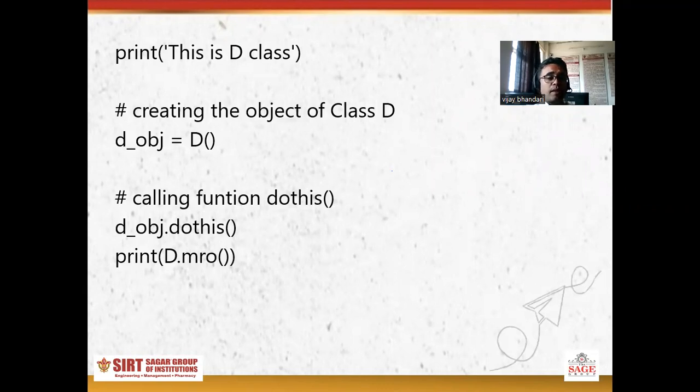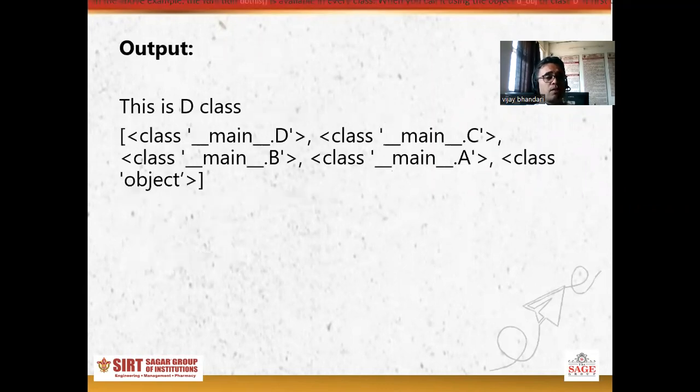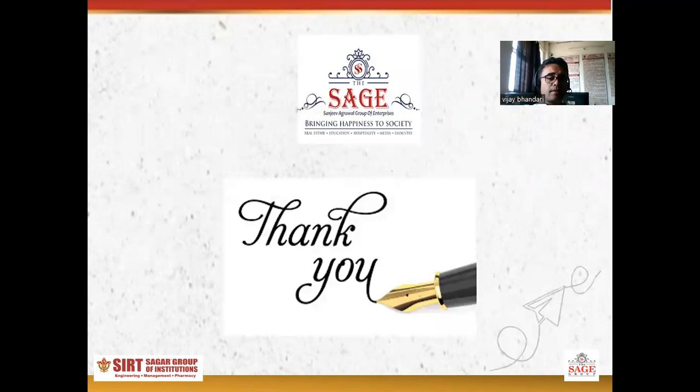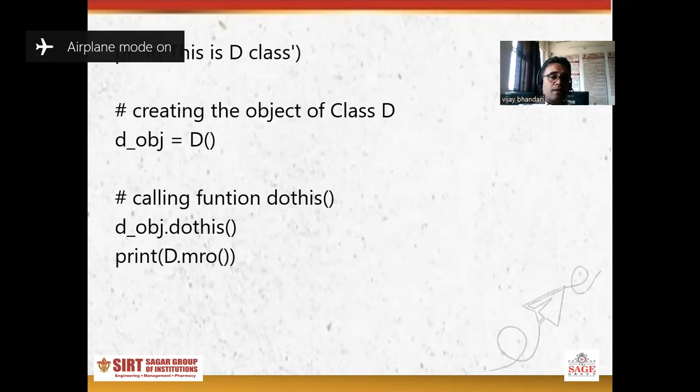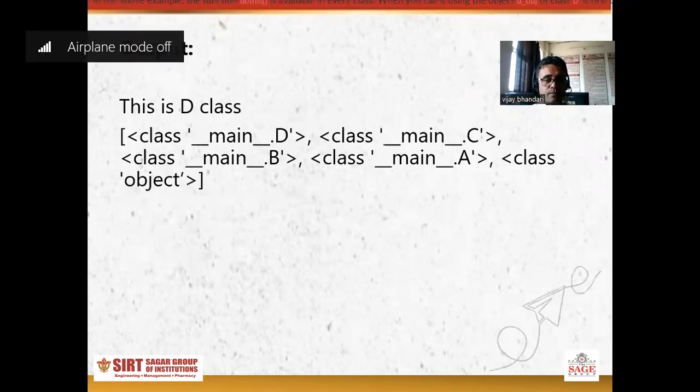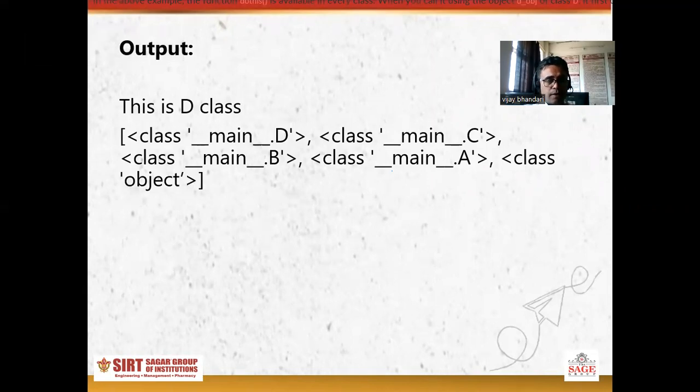The output shows class D, class C, class B, and class object. So these are the things.